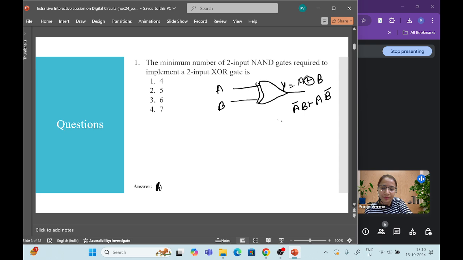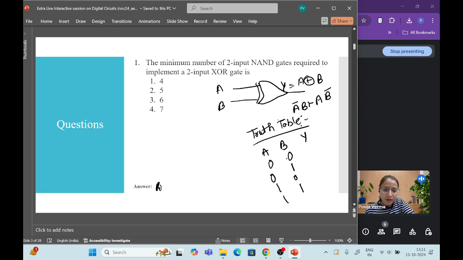Now we will see the truth table of the XOR gate. A and B are the inputs and Y is the output. The input combinations are 4 for two inputs.